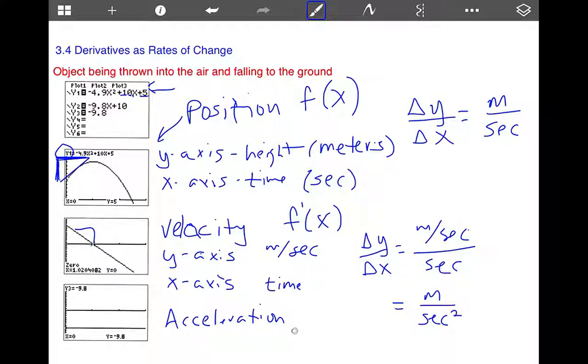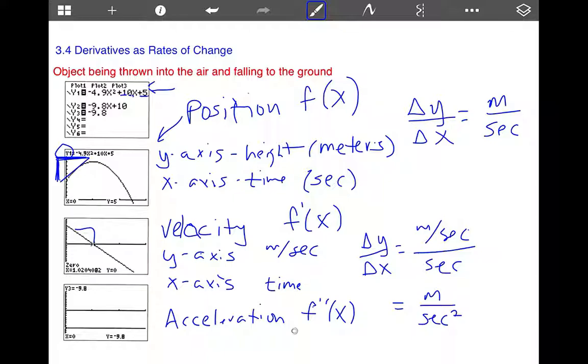When you see an acceleration, then you get f double prime, the second derivative. So when you're given just a regular function, you can assume that's position. When you're given f prime, that's a velocity function, that's a rate. And then acceleration is the second derivative.